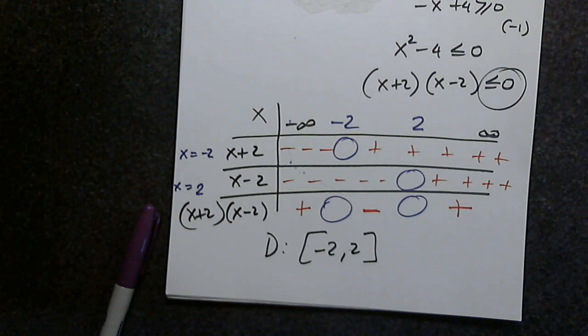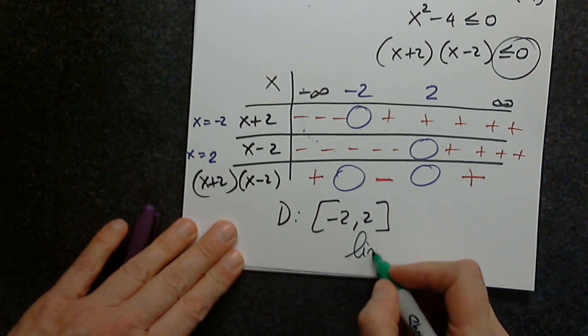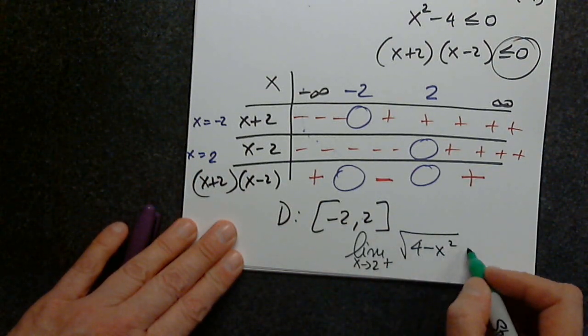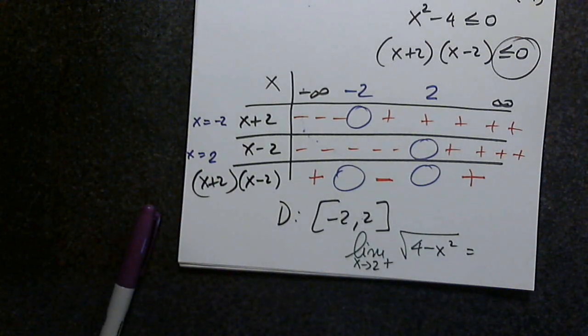And now I know, and I'm ready to determine the limit. And the limit is, as x approaches 2 from the right, from the square root of 4 minus x squared. Once I have the domain, I can write the final answer.